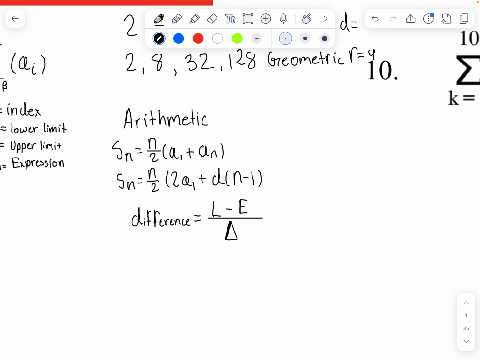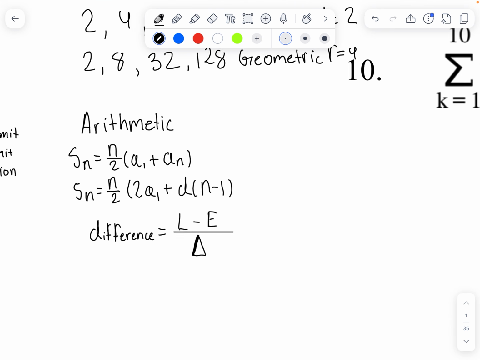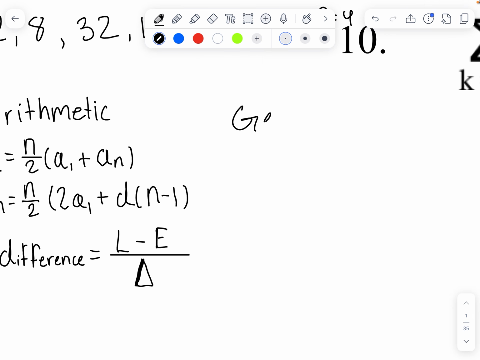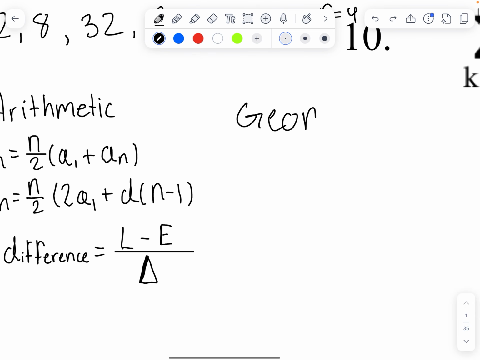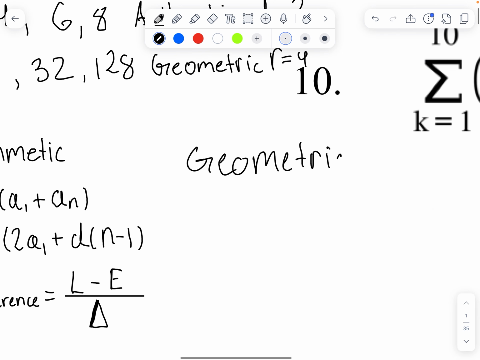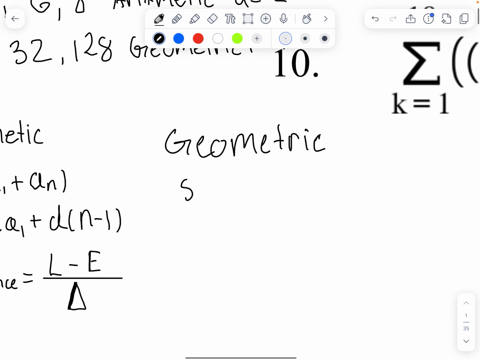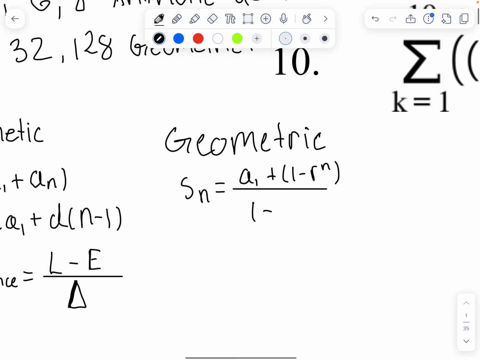And then for geometric, we have Sn equals a1 times 1 minus r to the power of n, over 1 minus r.